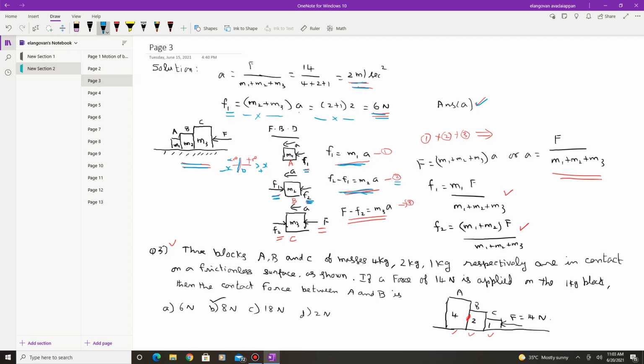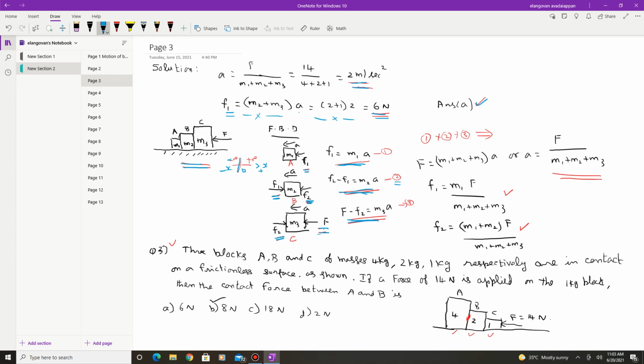Now consider block 3, which is block C. The mass is m3, and it is in contact with block B, therefore F2 is the contact force acting from B to C. Capital F is the external force acting on block C, and the acceleration is A. For the block to move along the negative x direction, F must be larger than F2.